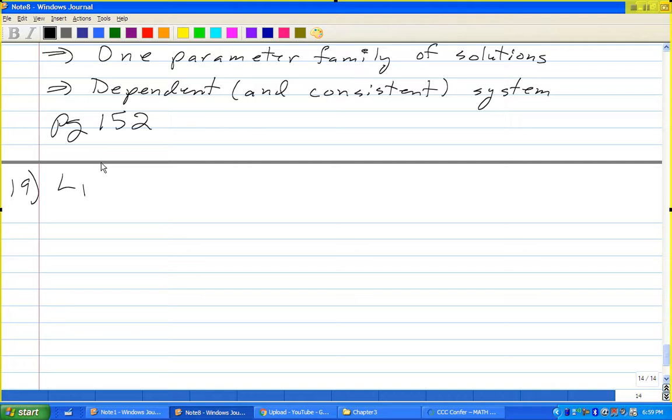Let's call it L1: x minus 2y equals 2. Let's call the next one L2: x plus 2y equals 6. In exercises 19 through 42, solve the system of equations by graphing. Identify whether the lines are intersecting, parallel, or coincident.